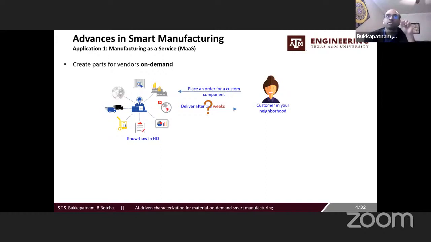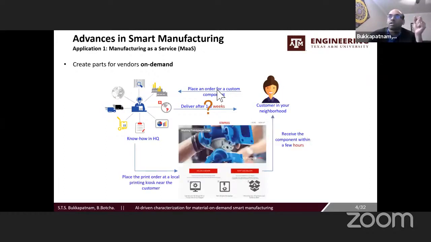But with advancement in smart manufacturing, manufacturing, as we speak, is going to get democratized. So in other words, you can actually push the high IP content to your local manufacturer so that you can not only deliver the item, but also make the item at the point of need.